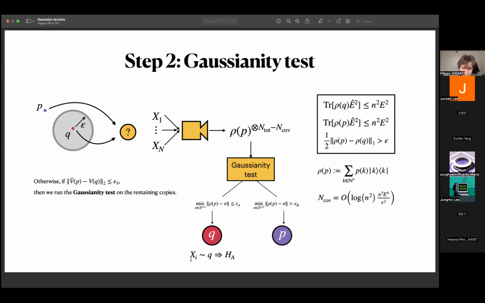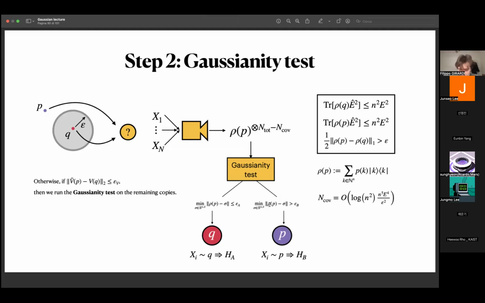Well, first of all, because suppose that Q was indeed the actual probability distribution of the random variables here, then of course rho p is rho q. And rho q is Gaussian, so this distance is 0. So the Gaussianity test will always accept the Gaussianity of rho q, since rho q is Gaussian. So this will be the right answer.